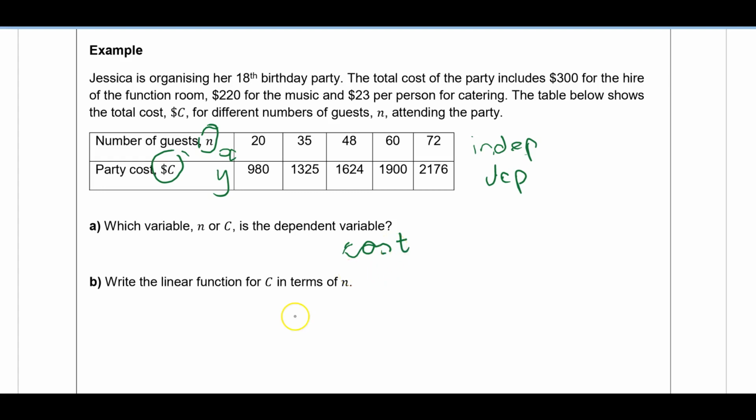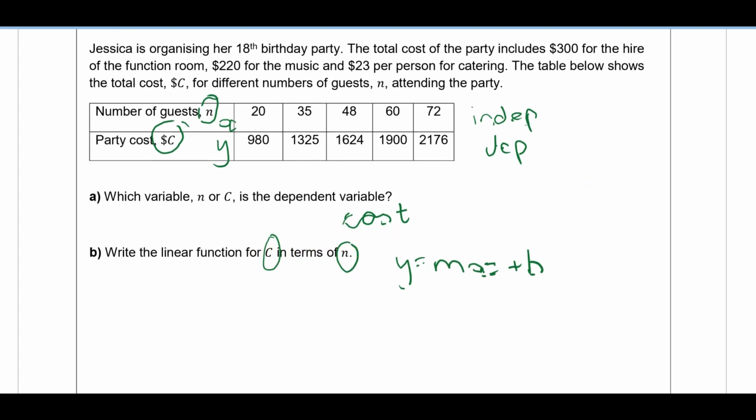Write the linear function. So it's saying find y equals mx plus b. And instead of putting y, put c. And instead of putting x, put n. So this is a revision of what we did before. We have to find the gradient. It's gone up 15.